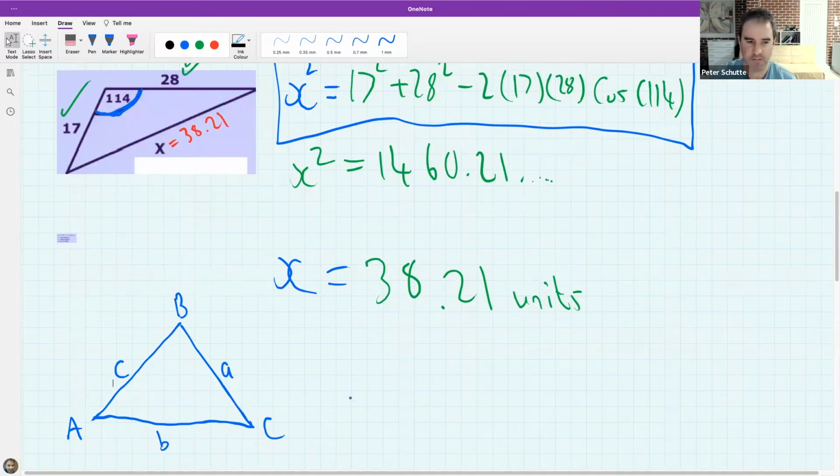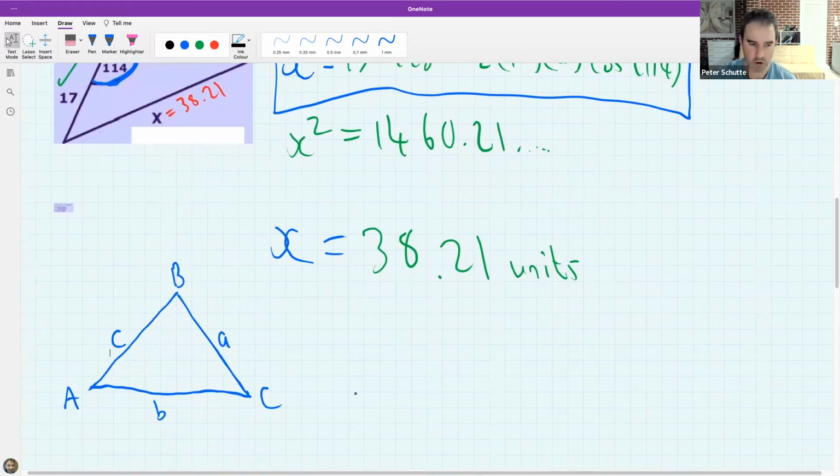I want to see if you can write down the cos rule in its kind of general format. So maybe mute all. There we go, mute all. Okay, so I'm going to pick a side from this triangle, and I'm going to ask you to complete the rest of it using the cos rule.